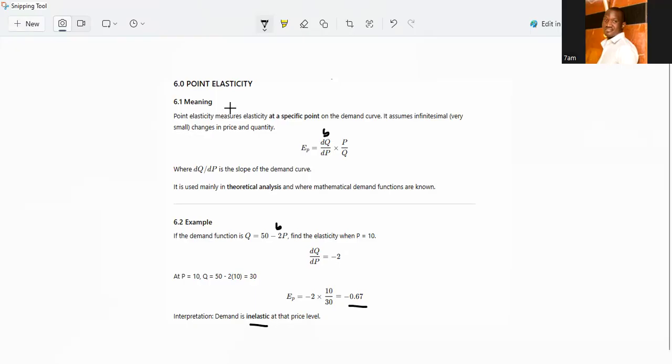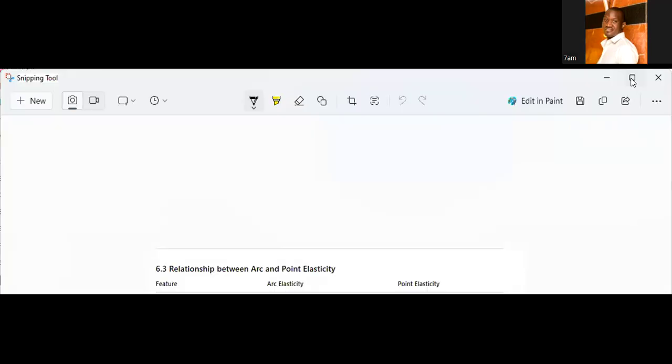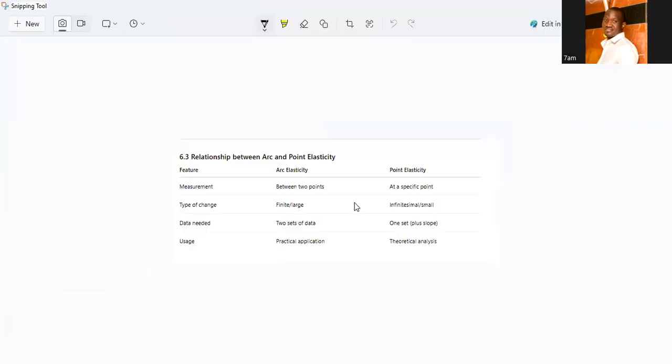In terms of the change type, it's finitely large for arc, and infinitely small for point elasticity. As for data points needed, we need 2 points for arc, and we only need 1 for the other. And the usage is practical in application for arc price elasticity, while for point, it's just for theoretical analysis.